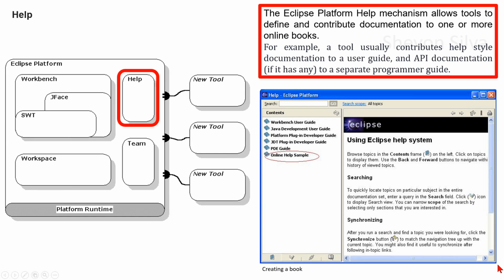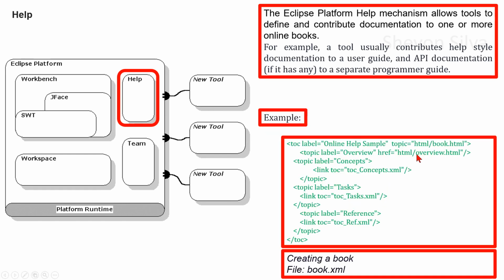The Eclipse platform can display any number of books, or tables of contents. Each table of contents contains a collection of topics. These are books, and sometimes a higher level component or product team is responsible for weaving together the documentation and topics supplied by any number of component teams.